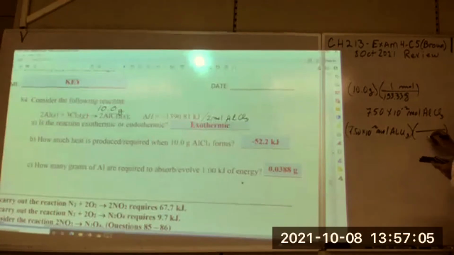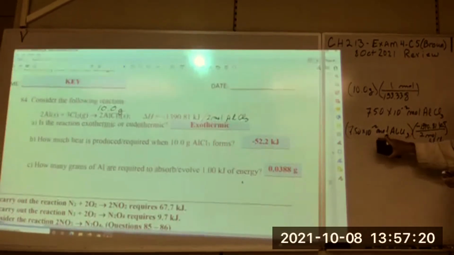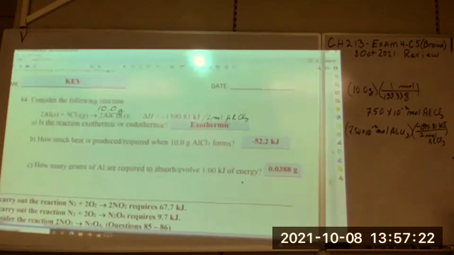And this is minus 1390.81 kilojoules per 2 moles of aluminum chloride. Okay, so we got to divide 2 into this. So it's still in my calculator, so I'll divide 2, and then 1390.81.